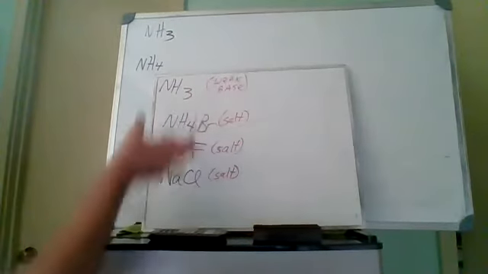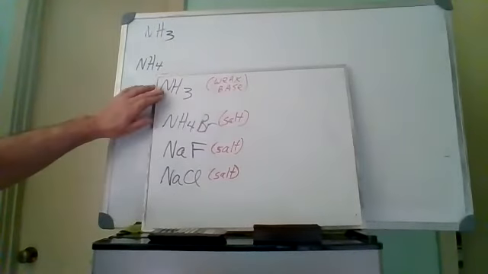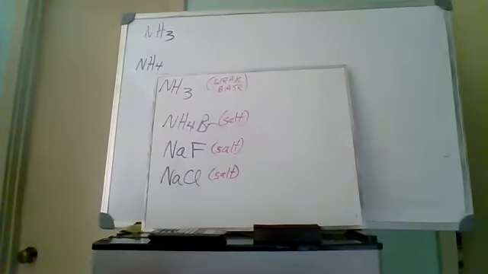And remember, a salt is just any ionic compound. Now, I do have a weak base, so this solution I expect to be the most basic. So this is the highest pH.